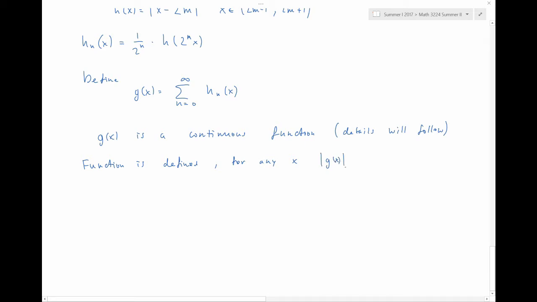We can show that g of x is defined as an absolutely convergent sum. The absolute value of the sum is smaller than the sum of absolute values.